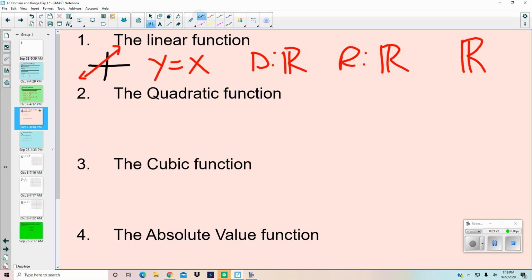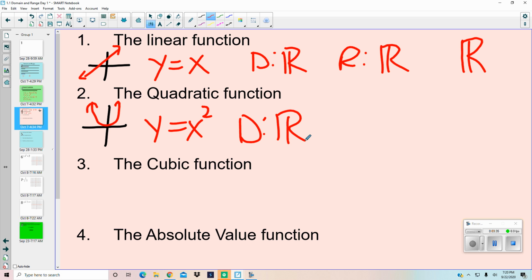Okay, a quadratic function. We already know that a quadratic is a parabola, right? The parent function is y equals x squared. The domain for a parabola is all real numbers. The range depends on the vertex.